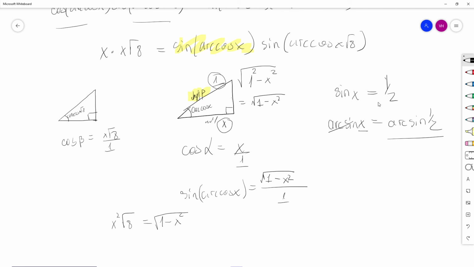Again, due to a lack of the denominator, hypotenuse immediately is 1, and since this is a cosine of this angle, then the adjacent will be x root 8, and using the Pythagorean theorem, we get 1 squared minus 8x squared rooted, which gives us root of 1 minus 8x squared.